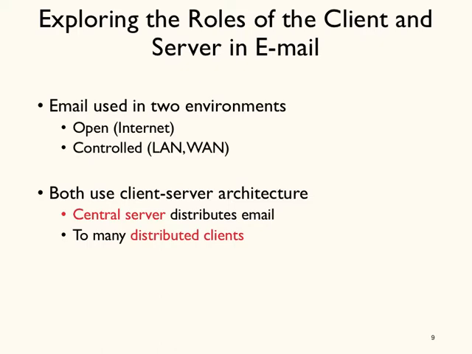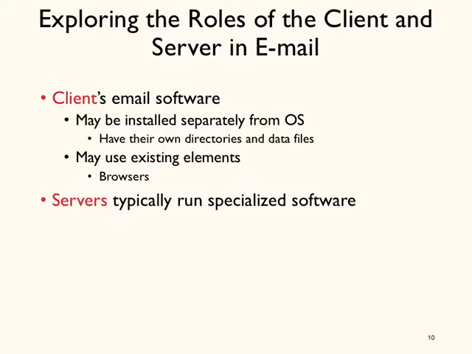Because the email architecture is not point to point, there are a lot of servers and they are distributed. And all the clients, obviously, are distributed. The email software is usually installed separately from the operating system.